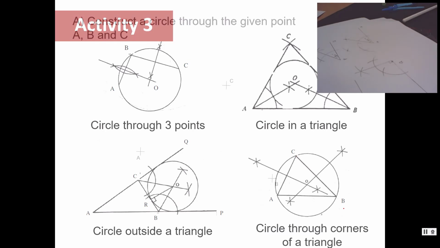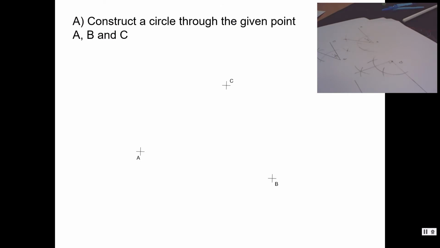We're going to start with the circle that goes through points A, B, and C. Let's watch how it will be done. We have three points, A, B, and C.